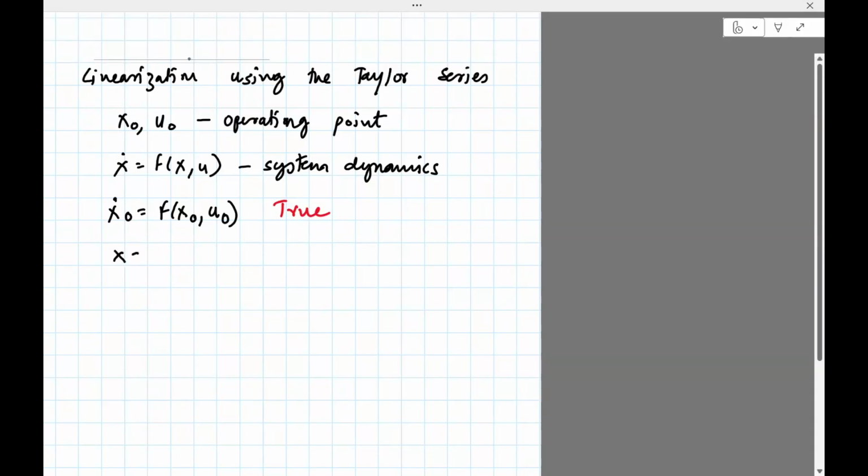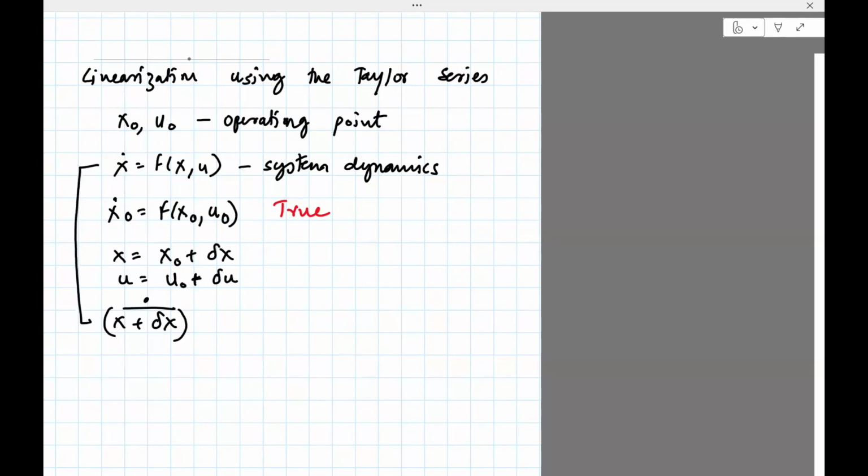Okay, so now let's take x and replace it with x0 plus delta x. We take the operating point and perturb about the operating point: u0 plus delta u. Now let's put it in the Taylor series. So x0 plus delta x, derivative, comes from here: f of x0 plus delta x, u0 plus delta u.